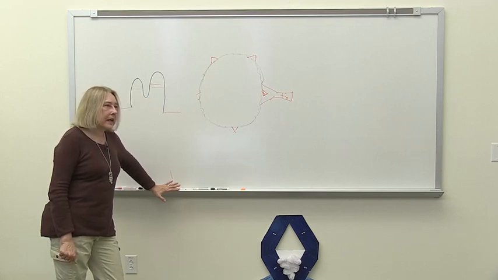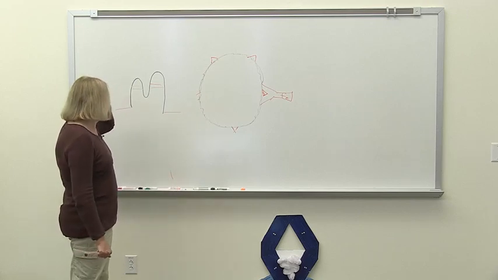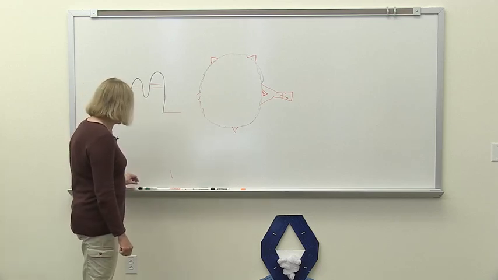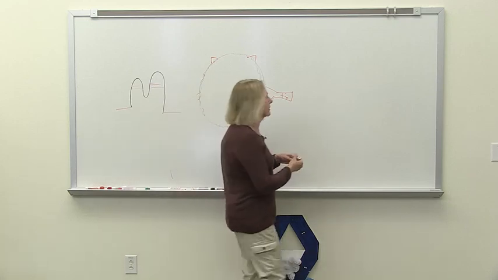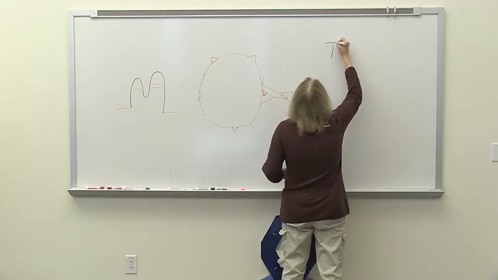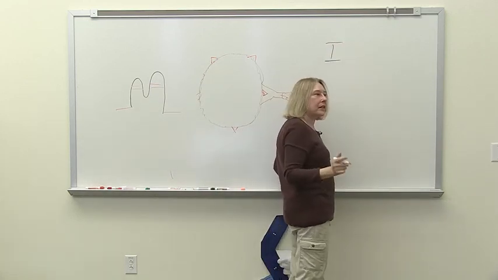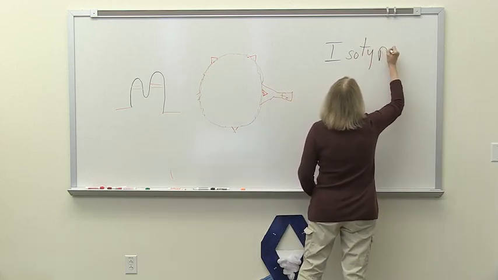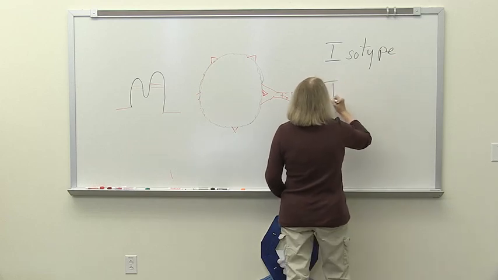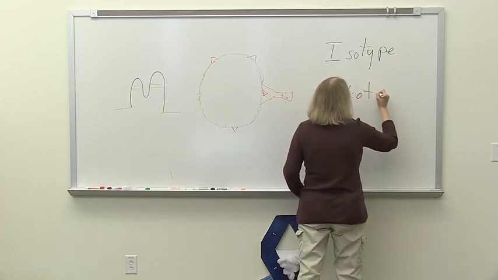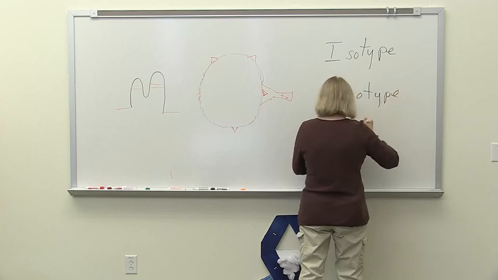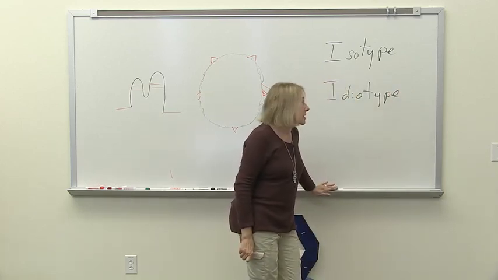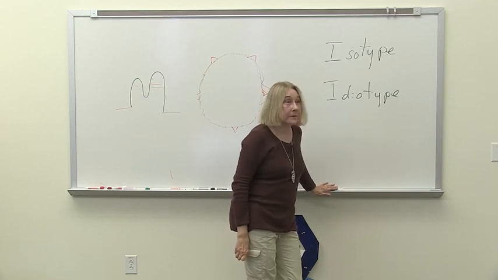Okay, so the last thing we're going to look at is the difference between two terms that you will occasionally encounter: isotype and idiotype. Isotype and idiotype refer to differences in two different parts of the antibody.